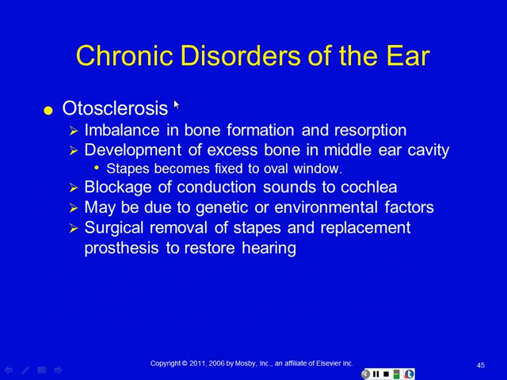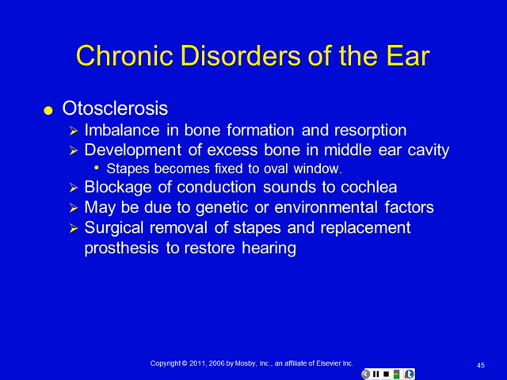Some chronic disorders. Otosclerosis is a leading cause of progressive conductive hearing loss. So many of your elderly patients who have hearing aids, this is why they have hearing aids. It's otosclerosis. This is where, over time, the ossicles have gotten thicker and heavier and less flexible with respect to one another.